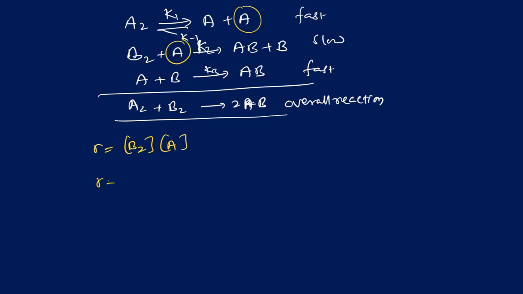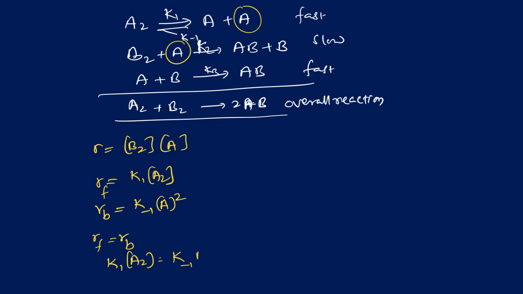From the first reaction, forward rate is K1 [A2] and backward is K minus 1 [A] squared. Forward rate equals backward rate, therefore K1 [A2] is equal to K minus 1 [A] squared.